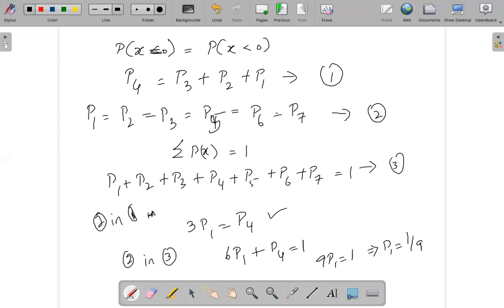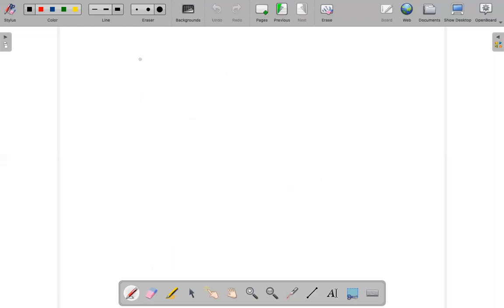Once you get p1, you can find p4 also. So p4 will be 3 by 9 or 1 by 3.